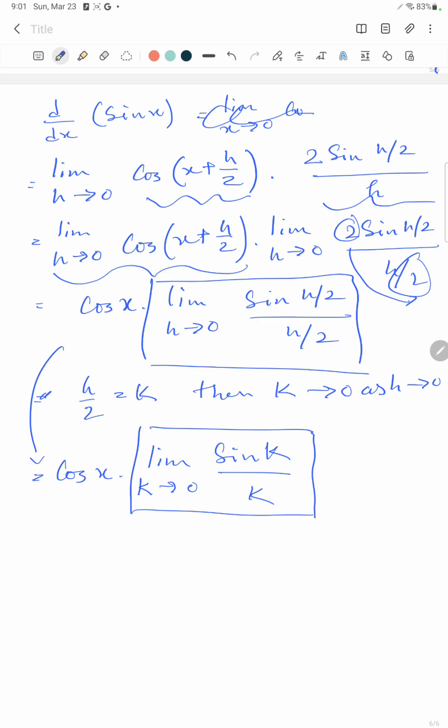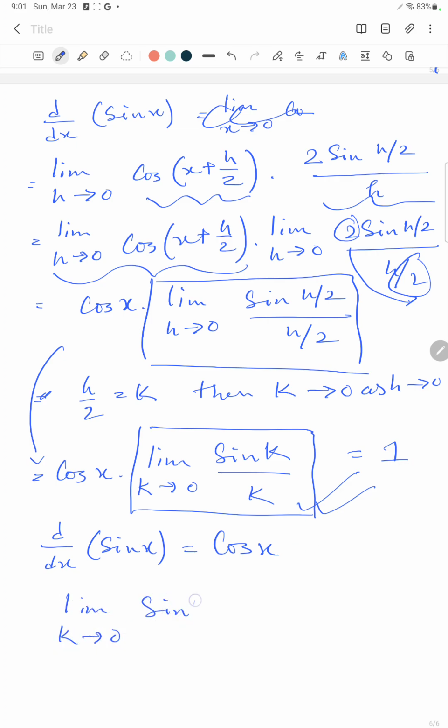So the essential thing is that when you say the derivative of sine x is equal to cos x, you are making the assumption that the limit k goes to 0 of sin k by k is equal to 1. This is the assumption you are making when you say that the derivative of sine x is cos x. So now I think you are getting my point slightly.